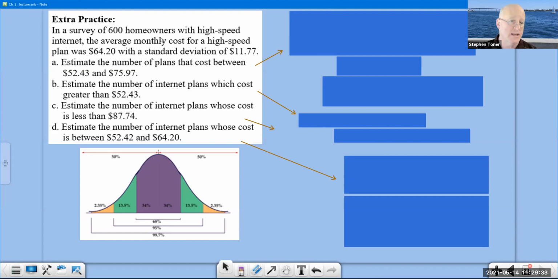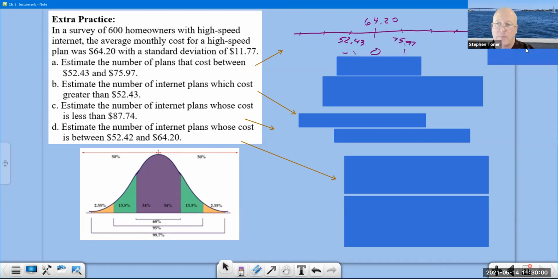In a survey of 600 homeowners with high-speed internet, the average monthly cost for a high-speed plan was $64.20 with a standard deviation of $11.77. Estimate the number of plans that cost between $52.43 and $75.97. So I began by drawing a picture.